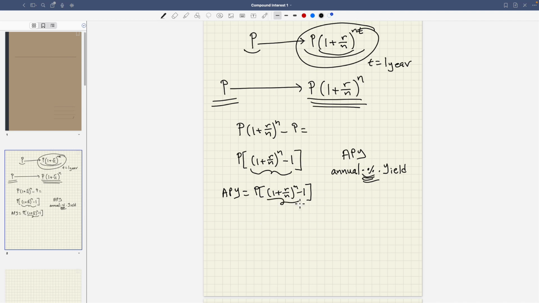And that's what the APY wants. That's what the yield will be. So we actually don't consider the P at all, even though the P is still there, because I'm going to tell you why. So we say APY is just the interest, right? It's the interest right here. It's in the wording. So we just want 1 plus R over N to the N minus 1.